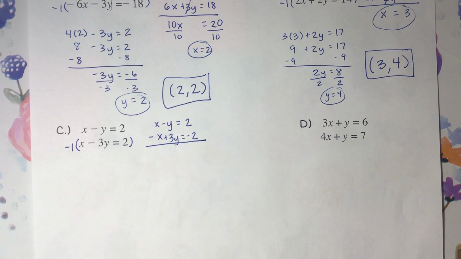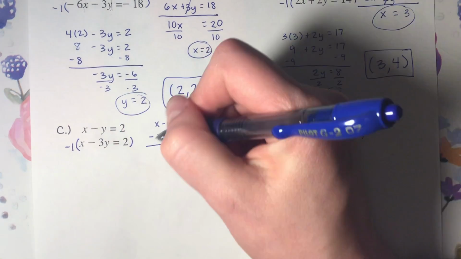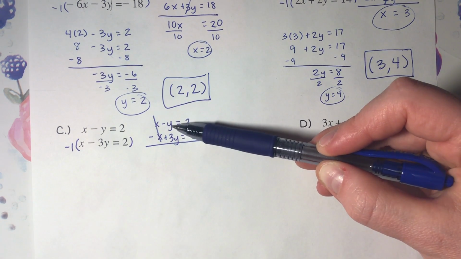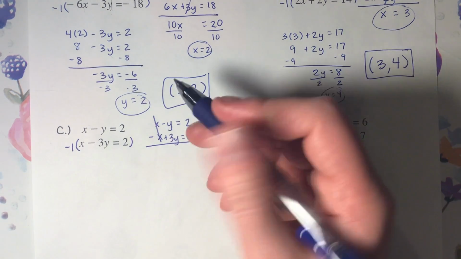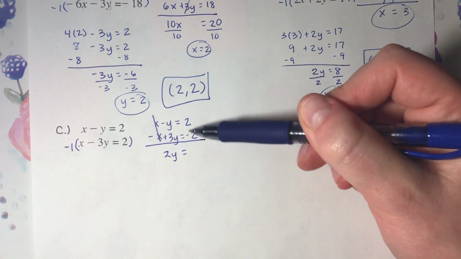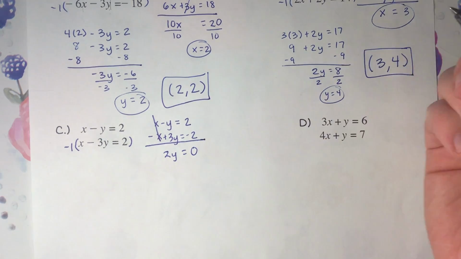Okay, now I can add them up. X plus negative x, they eliminate each other. Negative y plus 3y is 2y. And then 2 and negative 2 become 0.